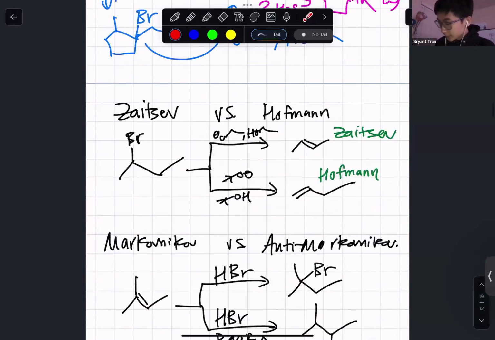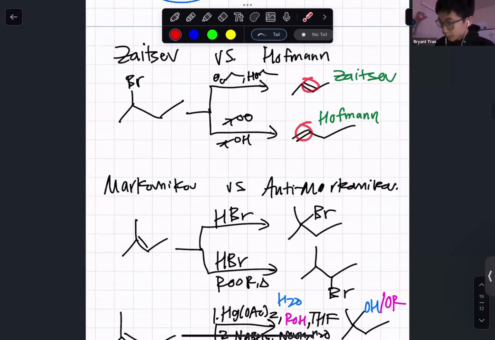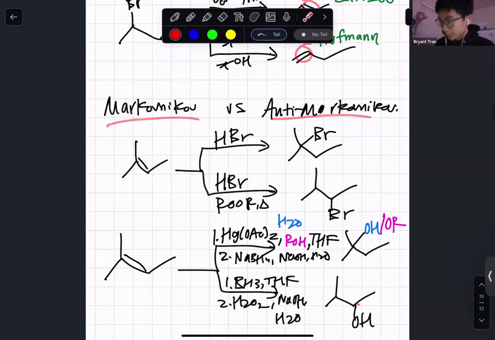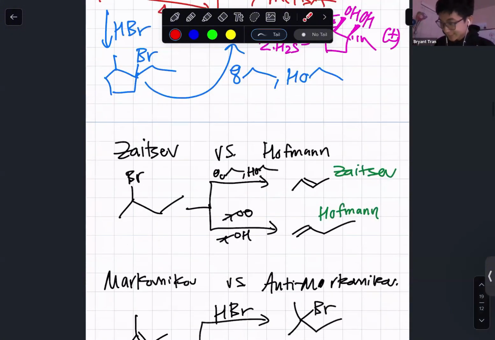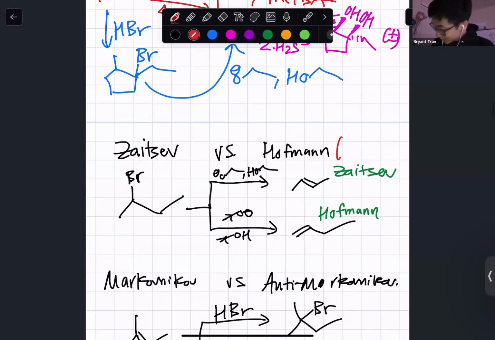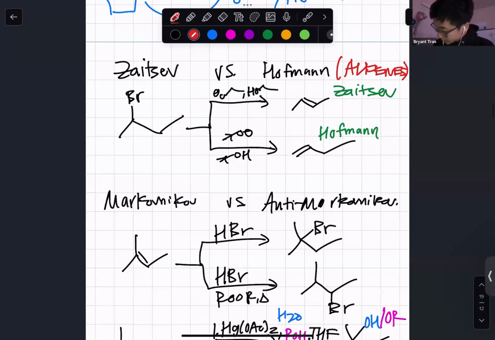So for Zaitsev Hofmann, it's talking about alkenes. For Markovnikov versus anti-Markovnikov, it's talking about electrophilic addition reactions. Zaitsev has to do with alkene placement, while Markovnikov is about substituent placement. So this is talking about alkenes, and this is talking about substituents, aka electrophilic addition reactions.